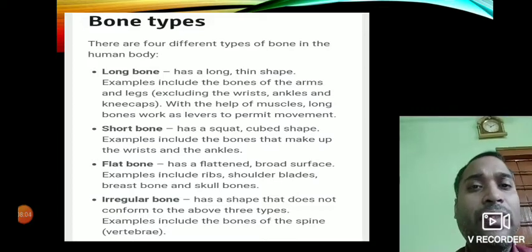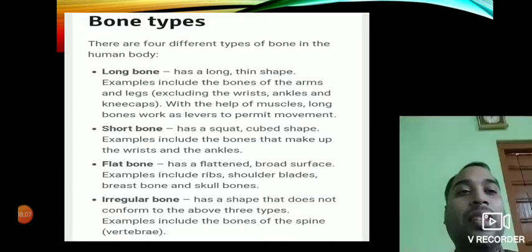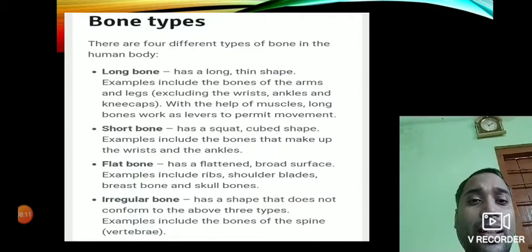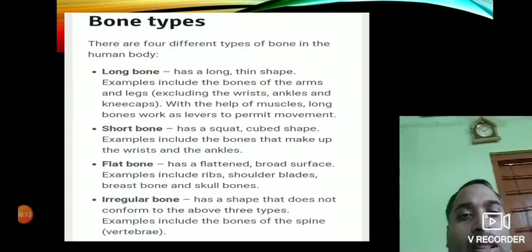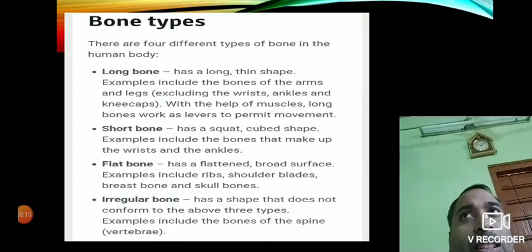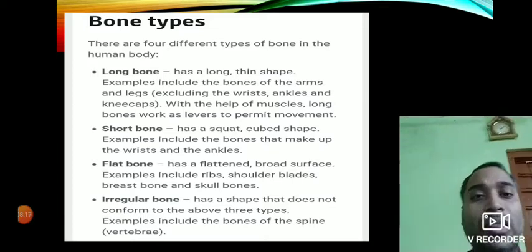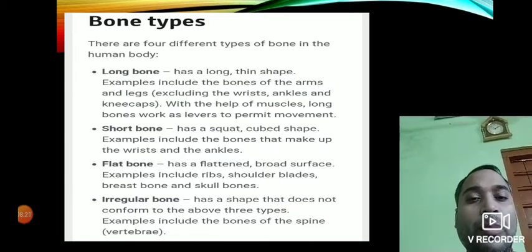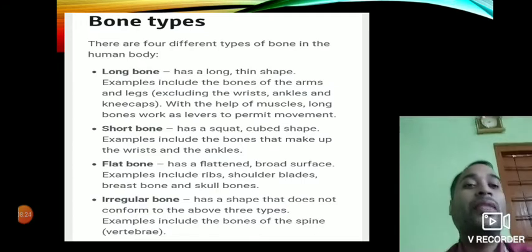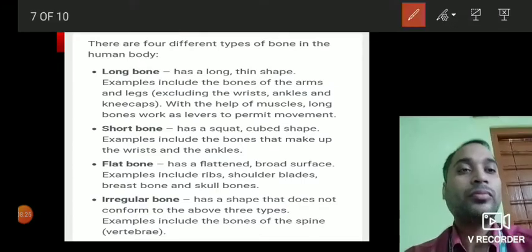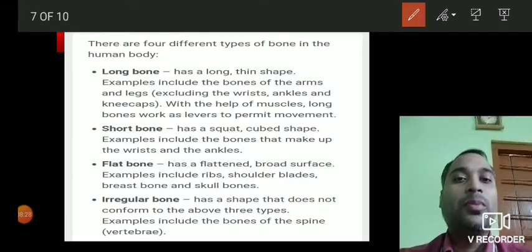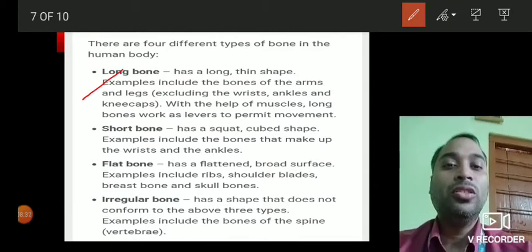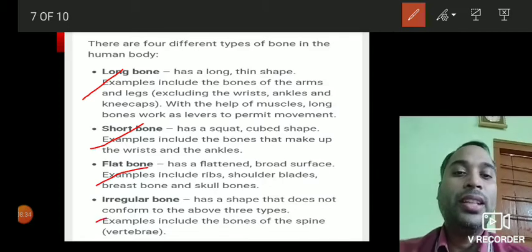Mainly there are four types of bones in the human body. There is one more, sesamoid bone, which is a small round shaped bone present in the tendons. Some books include this also in the types of bone, but mainly there are four different types of bone, which are long bone, short bone, flat bone, and irregular bone.